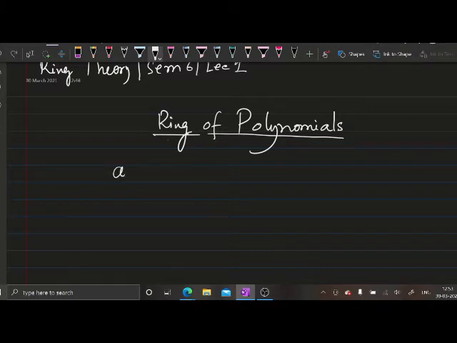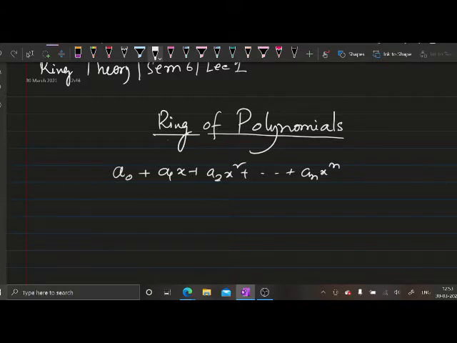we can write the expression like this, where a0, a1, a2, an have been taken as real numbers.